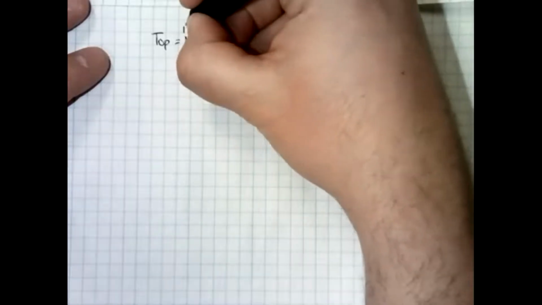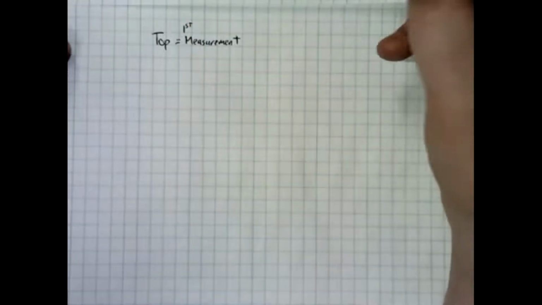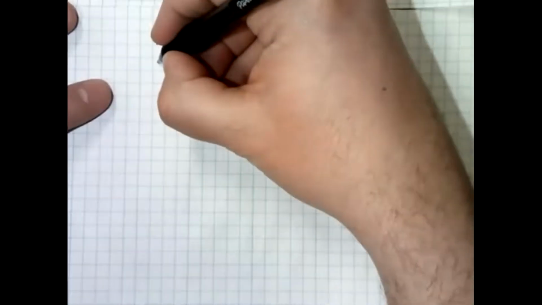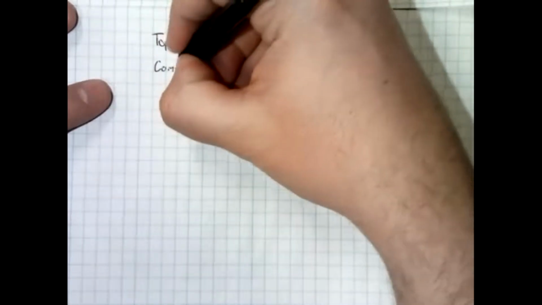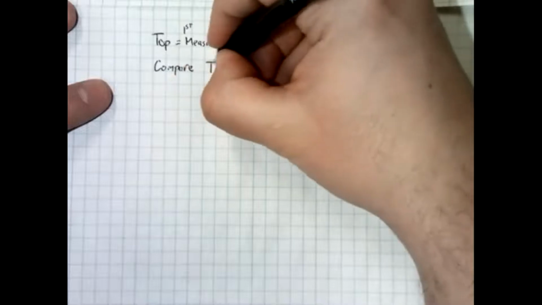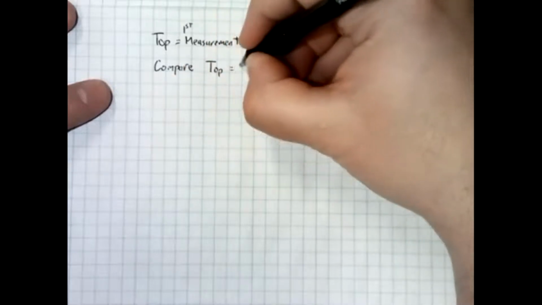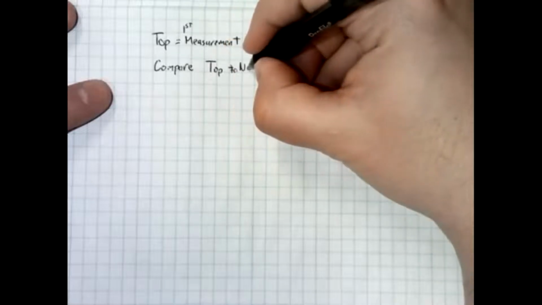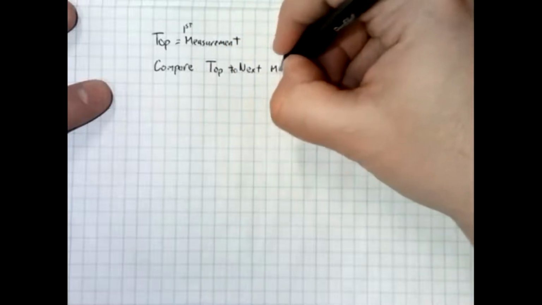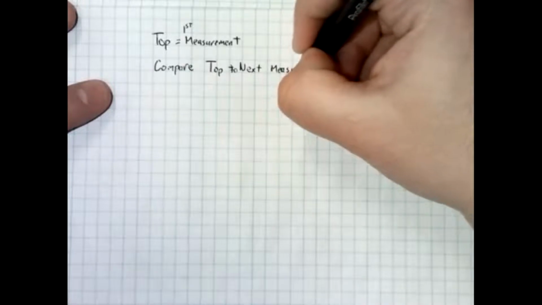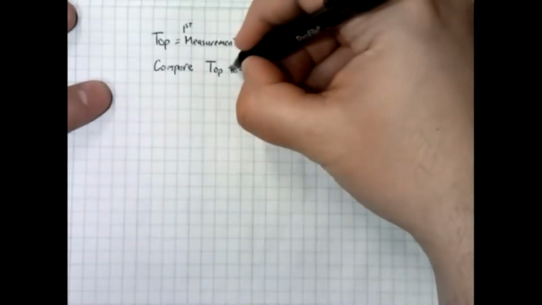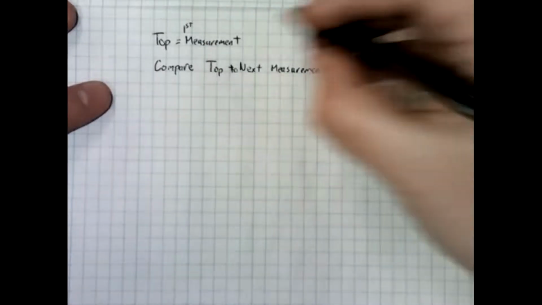And we're going to talk about that being the first measurement. So we'll set that equal to the first measurement. And then we will compare. We're going to compare the top to the next measurement.